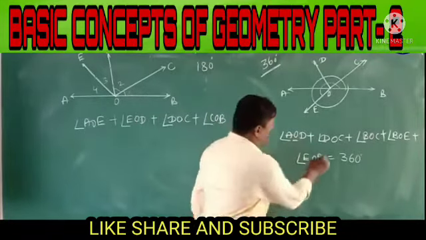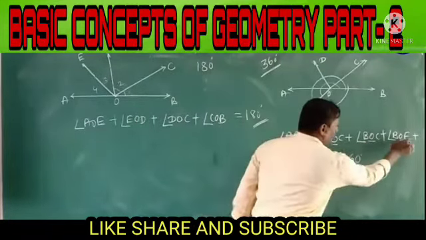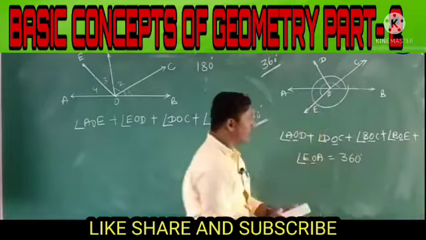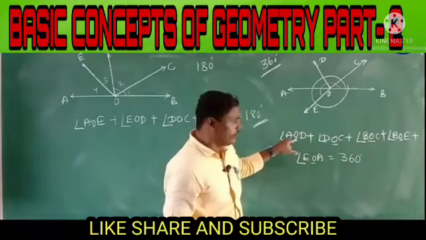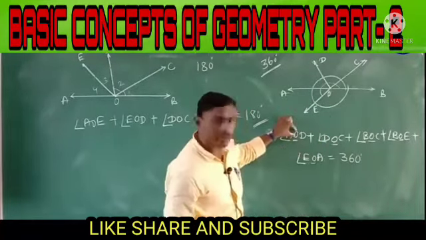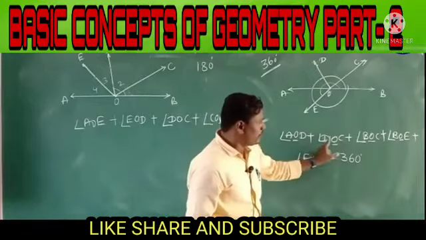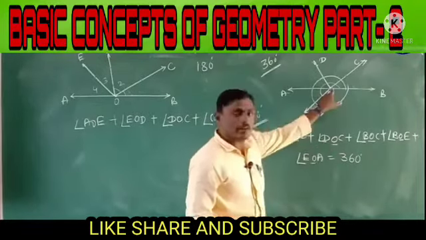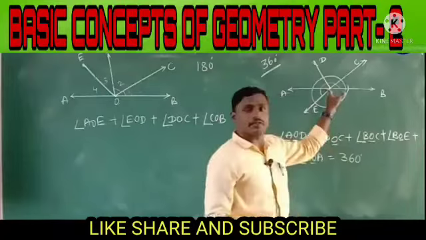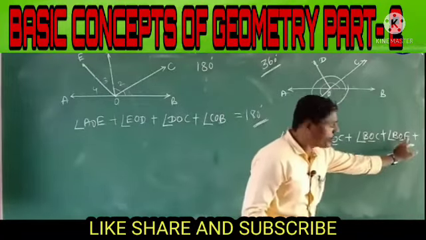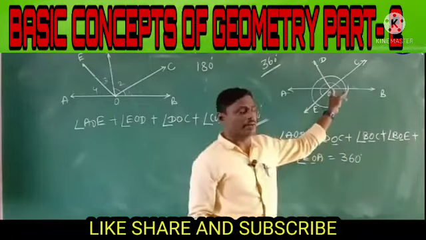Just observe here, O is the common vertex in all the angles, right? AOD, O is the common vertex. DOC, again O is the common point. BOC, O is the common point. BOE, from this point only.